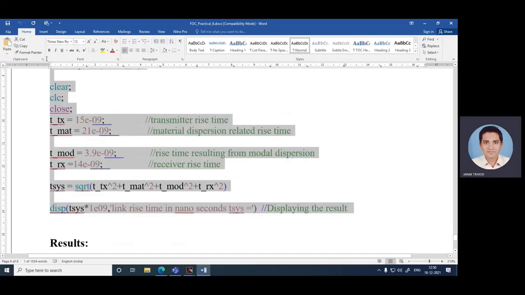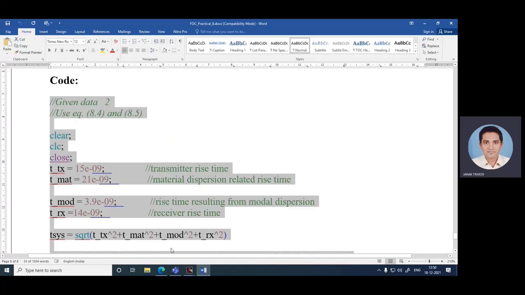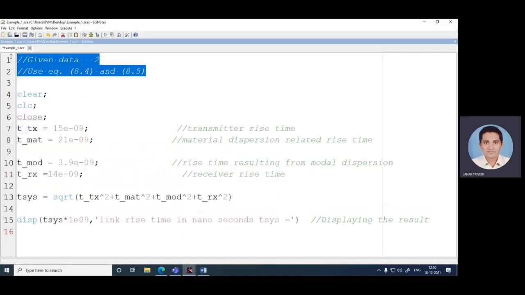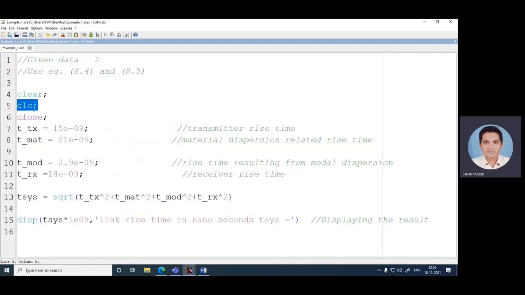So let's try to check this example in Scilab. We have to use equations 8.4 and 8.5 to solve this particular question 2. Clear to clear the variable browser, clc to clear the console window, close any other file that is open.